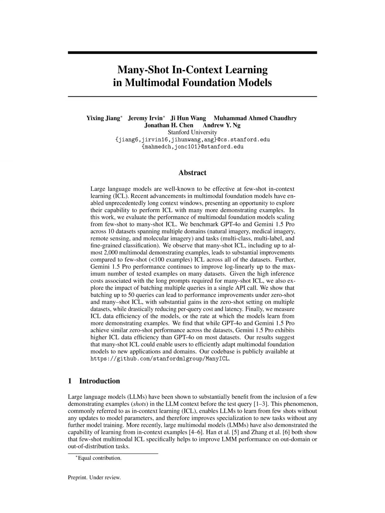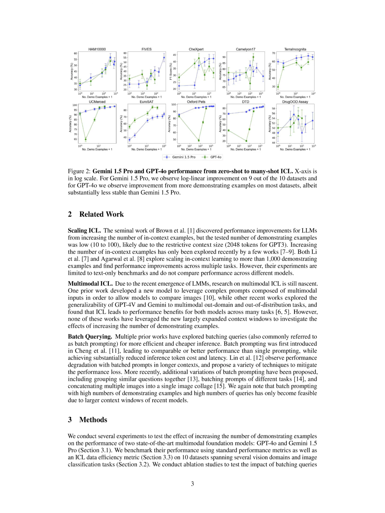Additionally, the study found that Gemini 1.5 Pro demonstrated higher ICL data efficiency than GPT-4o on most datasets, showcasing the effectiveness of many-shot ICL in enhancing model performance. The impact of batching queries was also explored, revealing minimal performance degradations, and sometimes even performance improvements as the number of queries included in each batch increased.